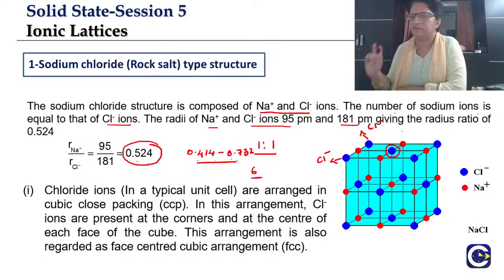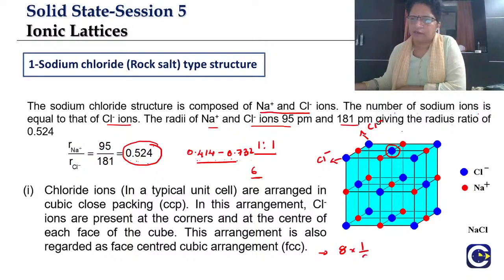If you take a unit cell, you'll have a little confusion about which is the face center and which is the corner. 8 lattice points at the corners, each shared by 8 other unit cells, so the contribution is 1. There are 6 faces, each shared by 2 unit cells, so it will be 3. So the chloride ions will be 4.